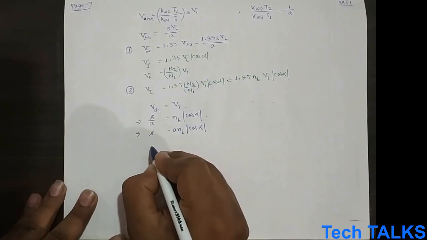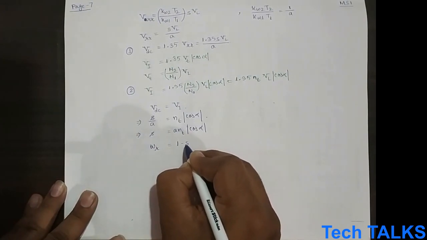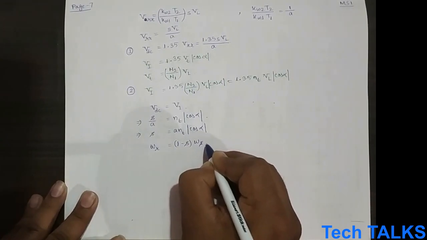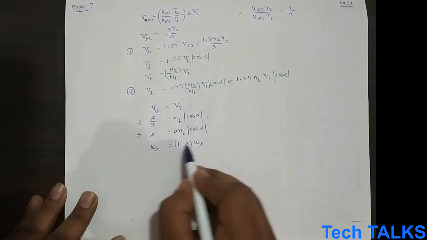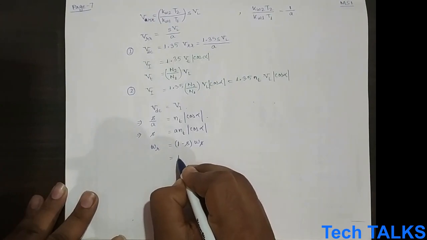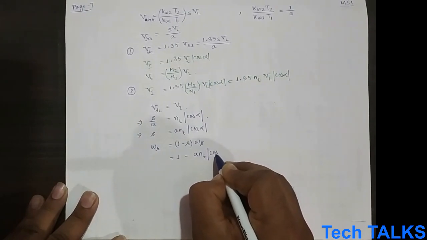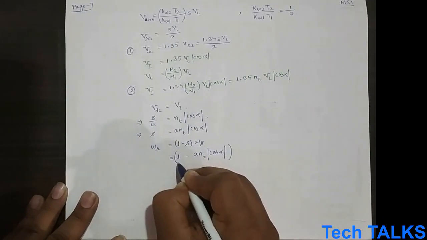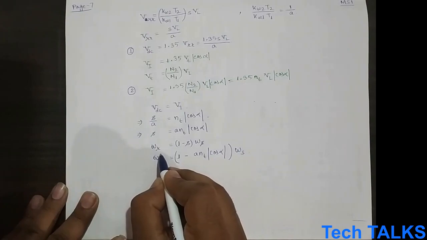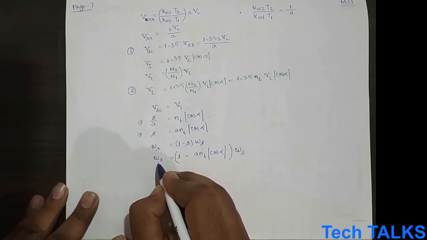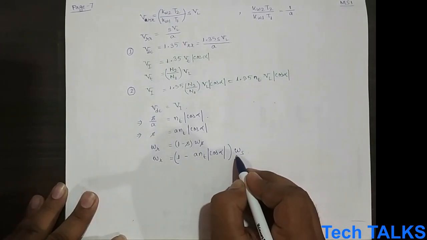So the required speed is omega r equals 1 minus S omega S. Out of all this equation, if you put it over here, 1 minus A NT cos alpha omega S. If you look at this equation, if you want to change the speed omega r, if you want speed control of this induction motor, then you don't have any control on this part.